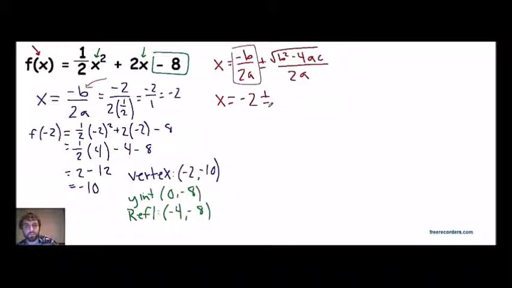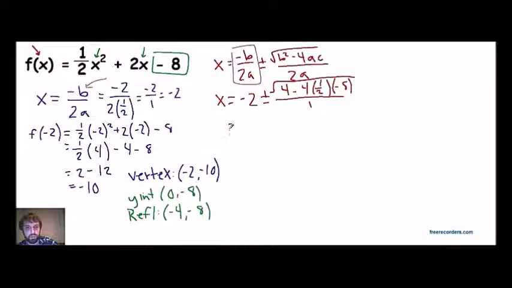Plus or minus, let's do the math on the rest of it. This becomes 2 squared minus 4ac, all over 2a, which is just 1.